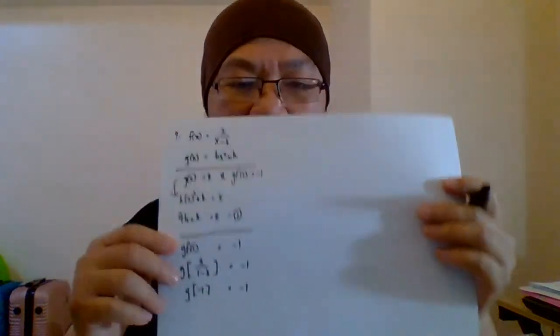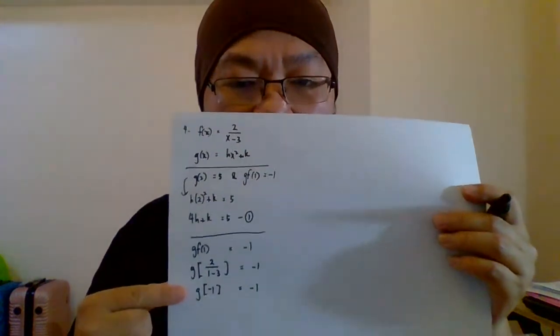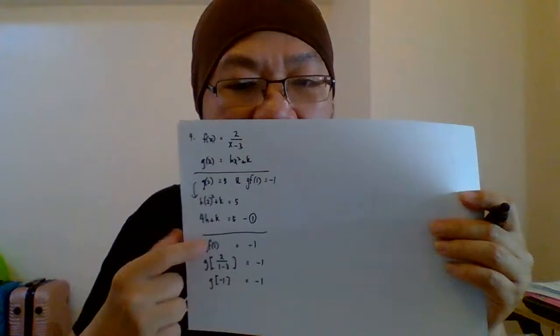Substitute f1. Look at the function f, 2 over x minus 3. So x becomes 1. It becomes 2 over 1 minus 3. And now you're supposed to get 2 over -2, which is -1. You are supposed to get this until this step. So gf1 equals g of f1.